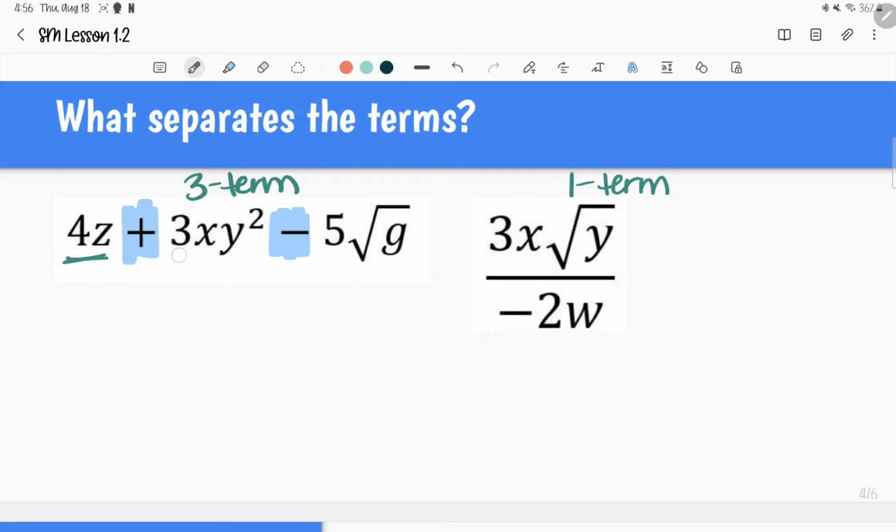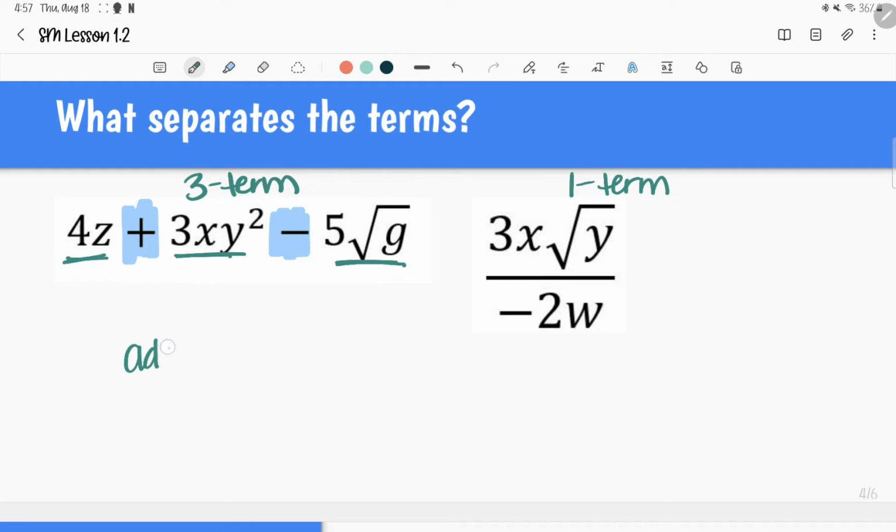So this is one term here, this is the second, and this is the third. If you're looking at this one-term one over here, you can see there's no addition or subtraction. I mean, there's a negative in front of the two, and if we were to put something right here, then it would separate it, but there's nothing there. So this one is considered one term, even though it could look almost like it was three terms if we wanted. So what separates terms?